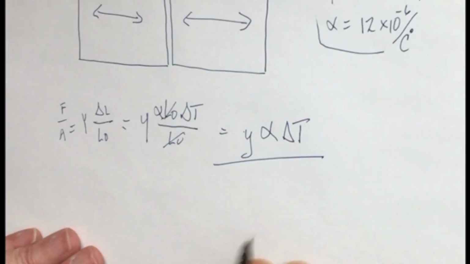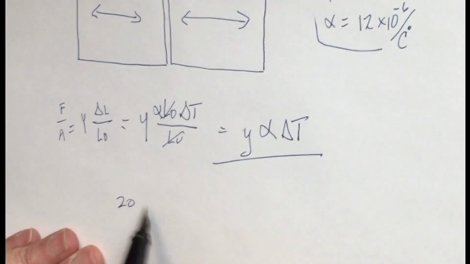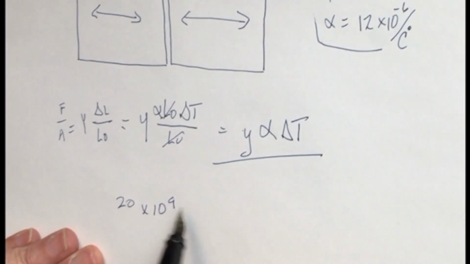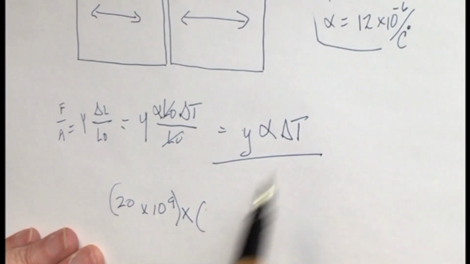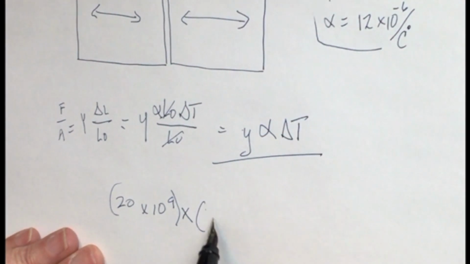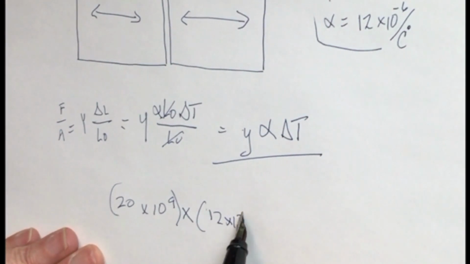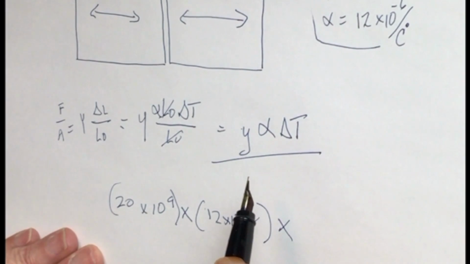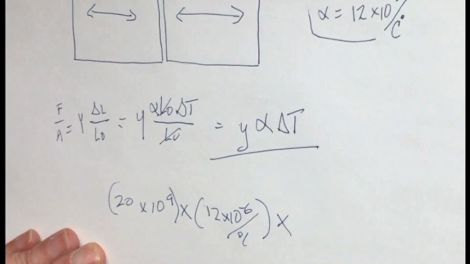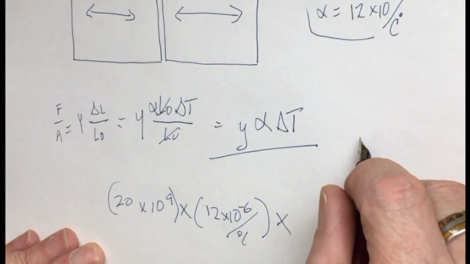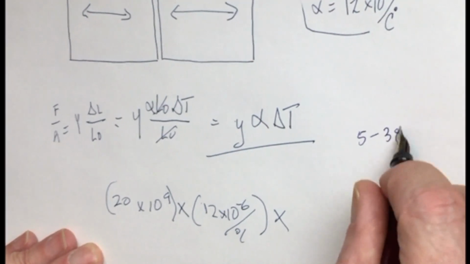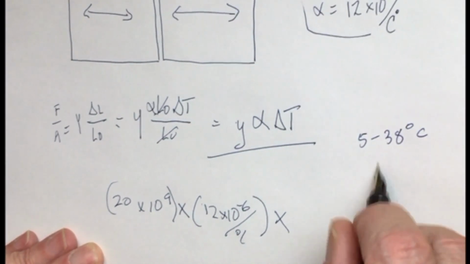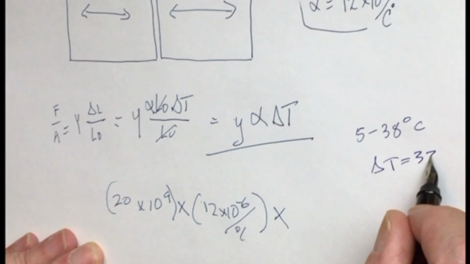We'll take 20 times 10 to the 9th, that's Young's modulus, times the alpha right here, 12 times 10 to the negative 6, times the temperature change. And I think we said the temperature change for this particular one went from 5 to 38 degrees Celsius. So delta T equals 33.